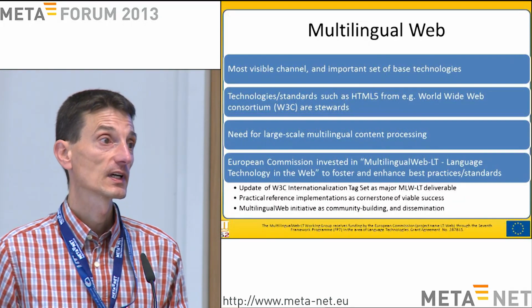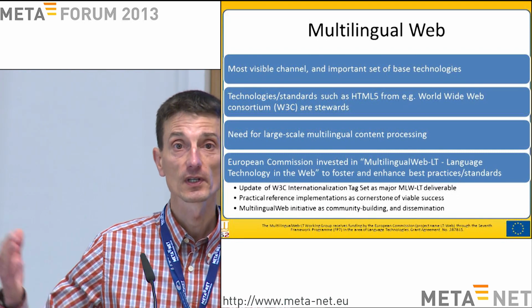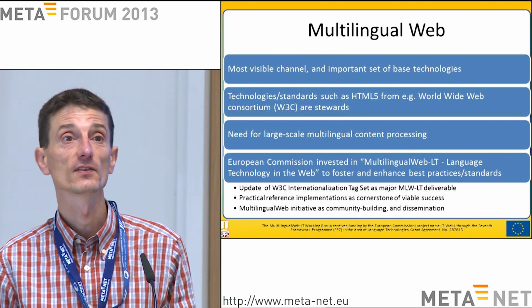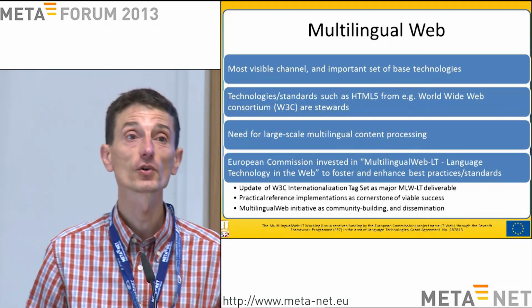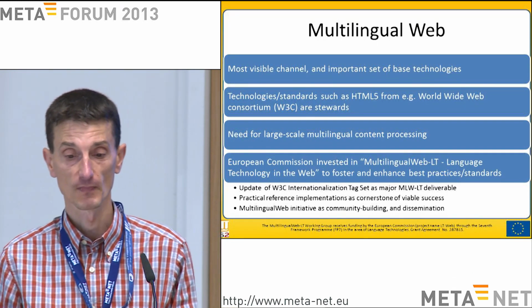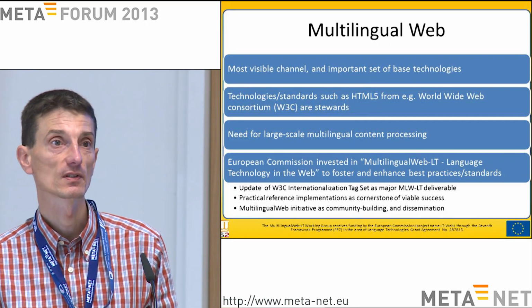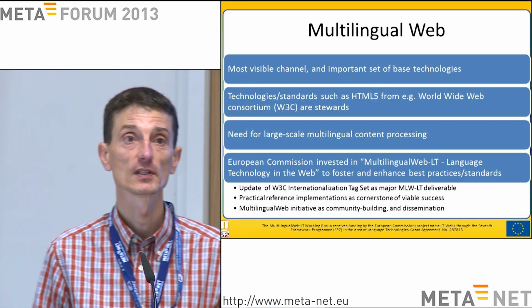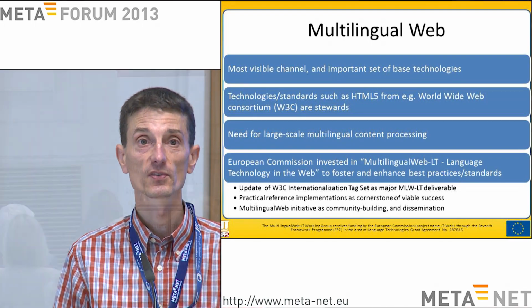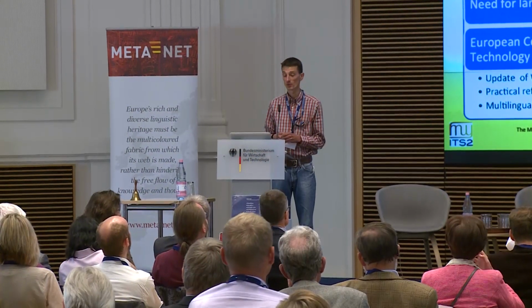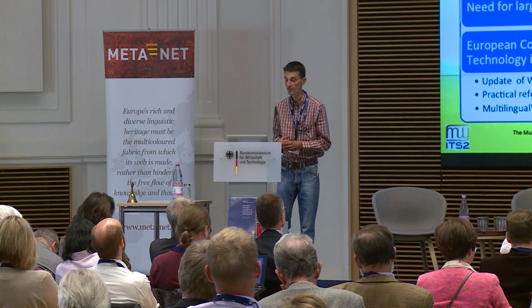With the web comes a special challenge, and we already heard about that. The challenge is the sheer volume of things on the web. And I guess that's one of the reasons why the European Commission in the last years heavily supported activities to make the web even more multilingual and to master all of these challenges.